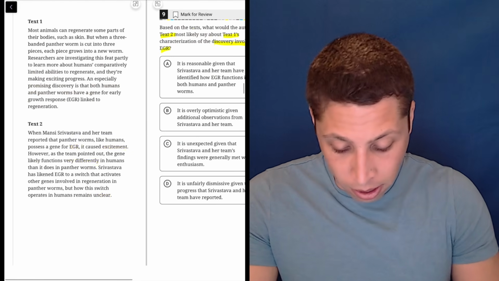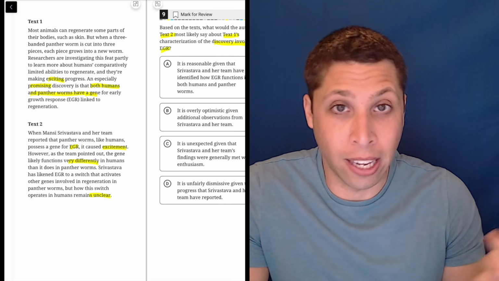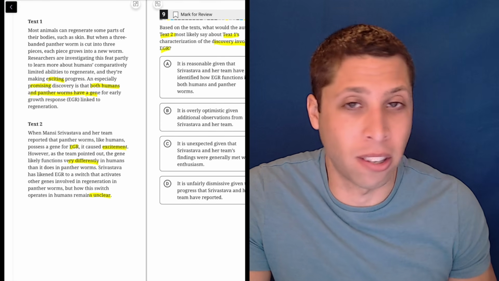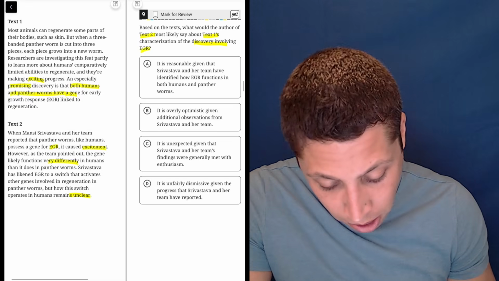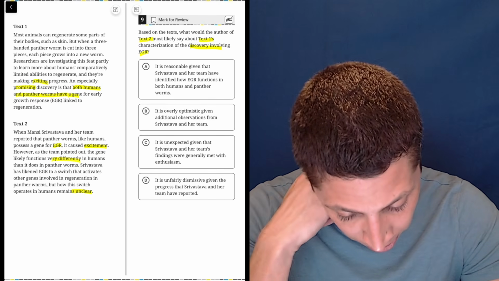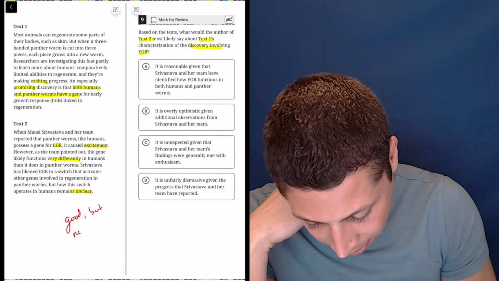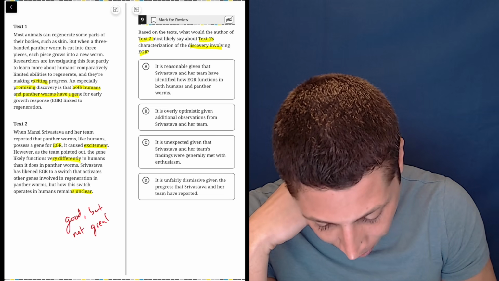So this matches, I get what they're saying, that the text 2 people would be like, okay, yeah, this is great, but it doesn't necessarily mean anything is really important. So let's see. What would they say? Okay, they would say that it's good, but not great, something like that.